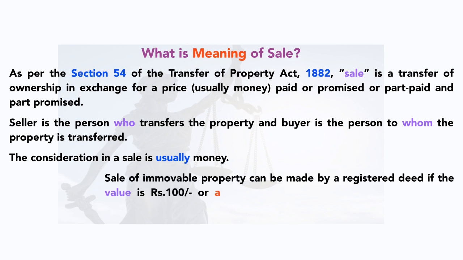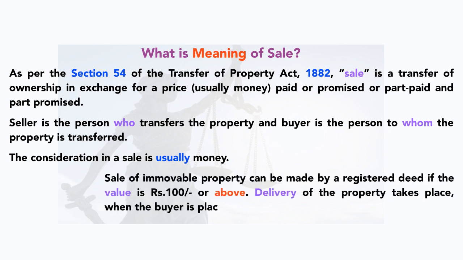We have already studied this in my previous video. Delivery of the property takes place when the buyer is placed in possession of the property. What does it mean? Once you sold your property and the possession of that property is also given, that possession is technically known as delivery of the property.